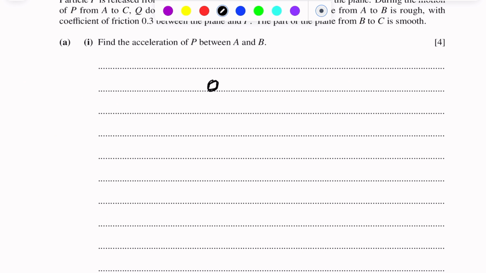Smooth pulley, inclined plane, this is a string, this is particle P, string passing over the smooth pulley.